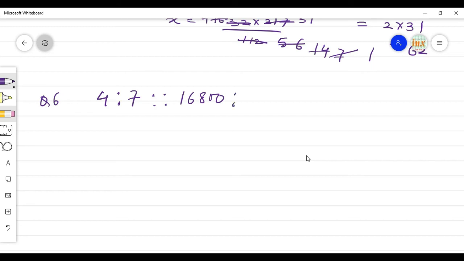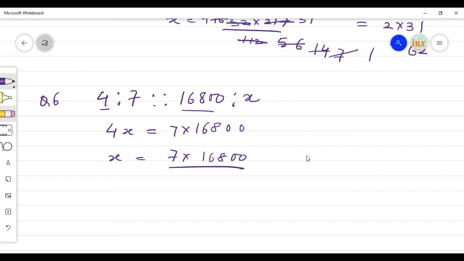So let it be X. So this is Ruchi and Ruchi's income, this is Rajan and his income we have to find. So 4 into X is equal to 7 into 16800. Right. So therefore X is equal to 7 into 16800 upon 4.